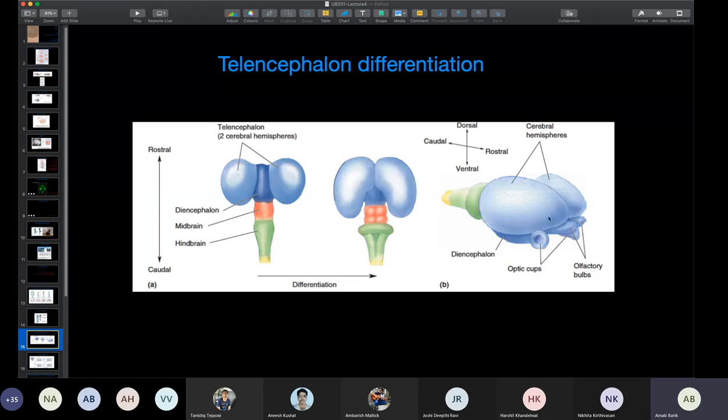This sits right at the top, and at the tip you have the olfactory bulbs, which sense your smell and are innervated by the olfactory neurons.